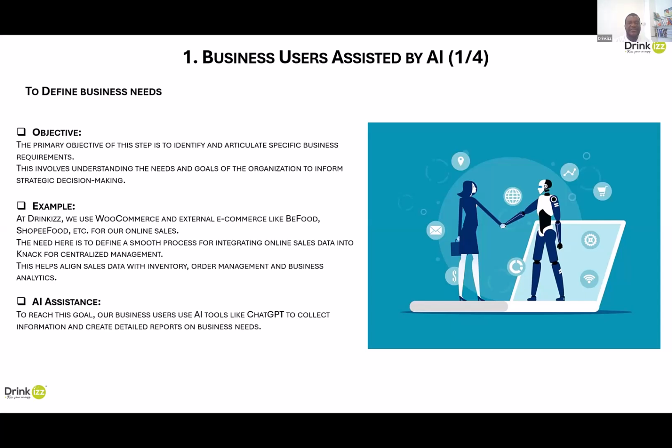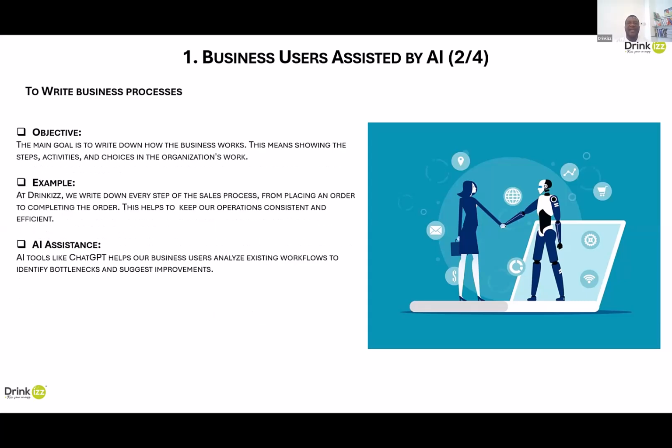Our need is to define a smooth process to integrate online sales data into O.N.E to ease the data management process. This helps align sales data with inventory, order management, and business analytics. To reach this objective, our business users use AI tools like ChatGPT to accelerate the writing of their business needs.